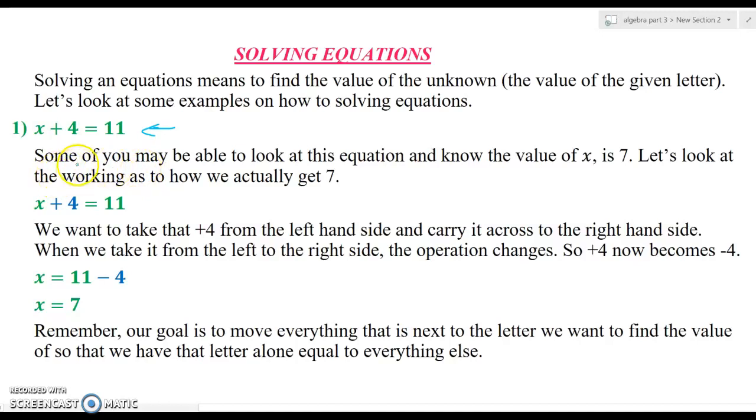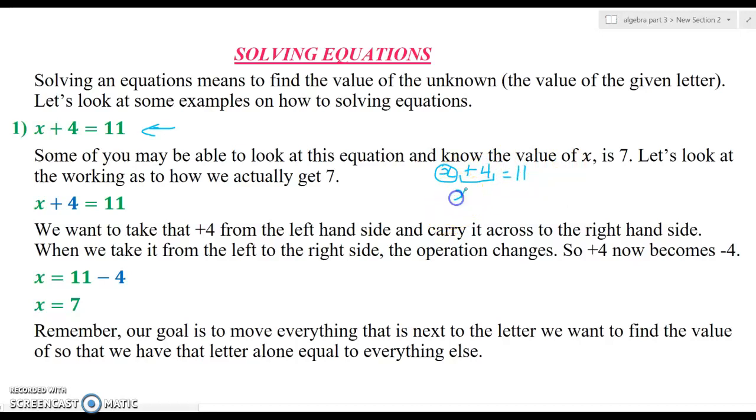When we have x plus 4 equals 11, we want to find the value of x alone, meaning to move across anything that's next to the x. We want to have x alone is equal to everything else. So you want to move across this plus 4 from this side to the right hand side.